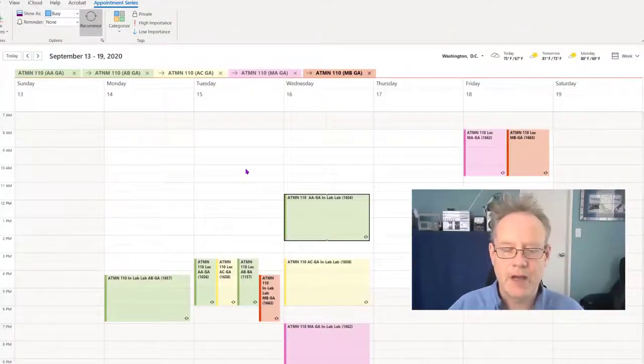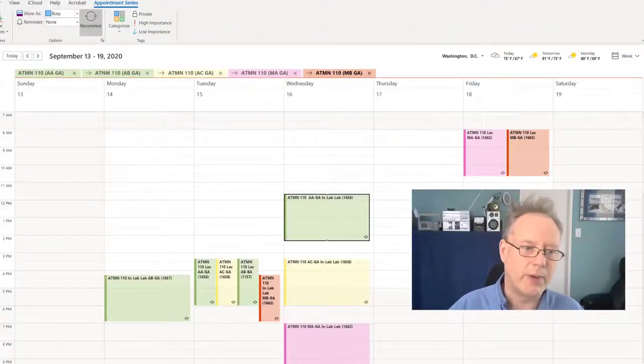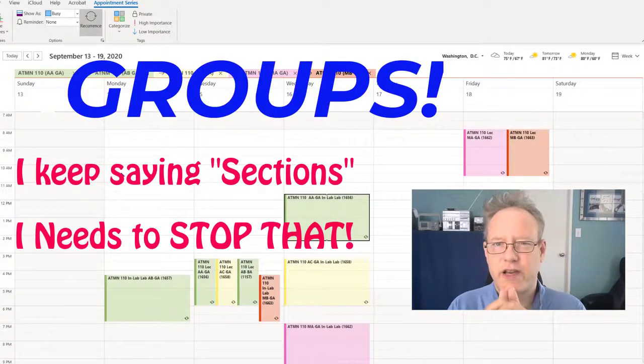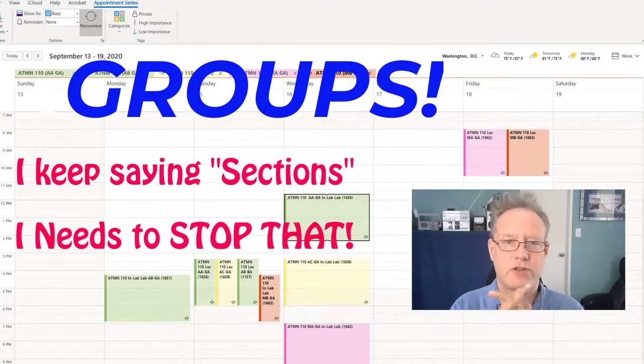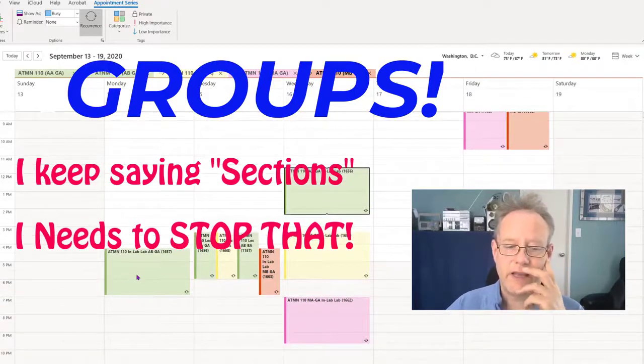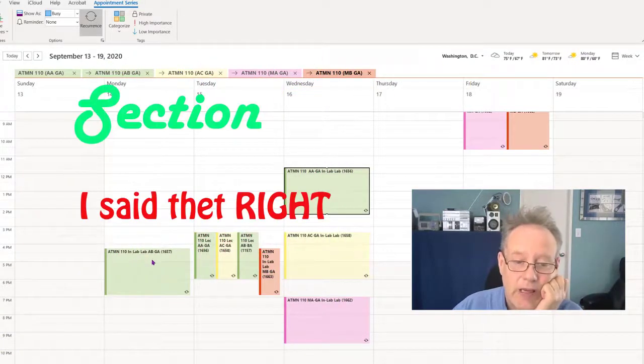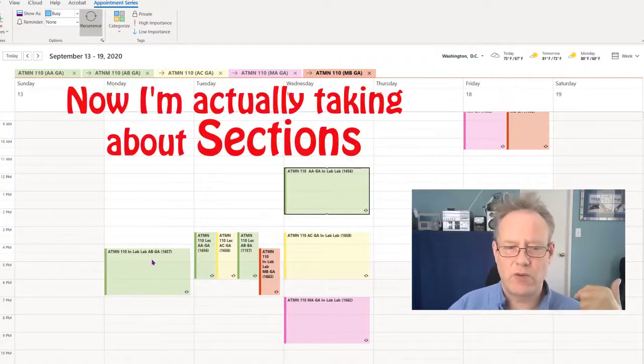So let's talk about scheduling. I've got this crazy schedule that I made. I've only opened up a few of my calendars here. I've got all the A sections for Introduction to Controls. Because we're all in Group A, if you're in section AB, it will be on your schedule that you have a class on Monday at 4:15.